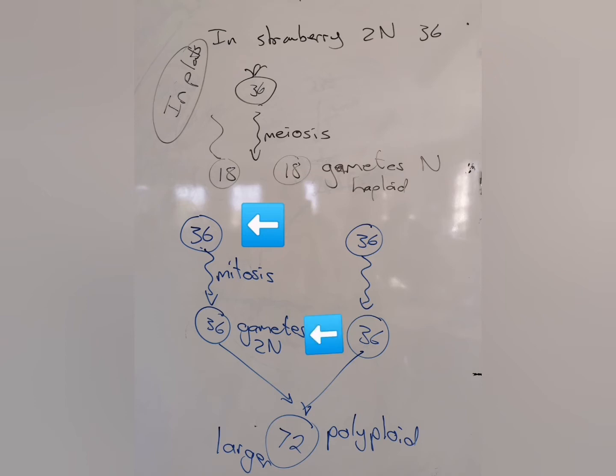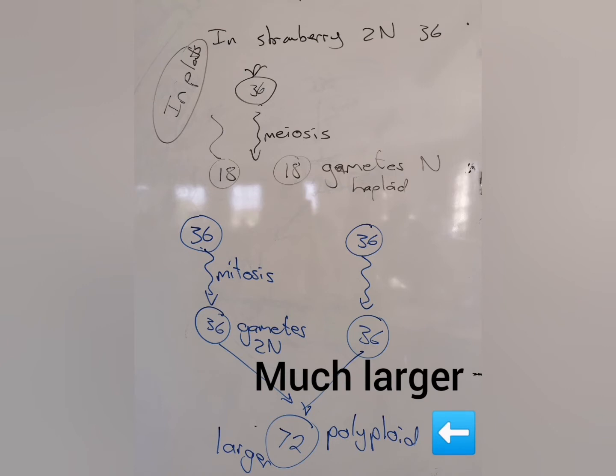And then the gametes have retained all 36 chromosomes and are still 2N, which means if a gamete with 36 chromosomes and another gamete with 36 chromosomes fertilize or combine, you'll have a polyploid cell that forms. This polyploid strawberry obviously now has more than the normal diploid number of chromosomes, and it also happens to be much larger than a normal diploid strawberry, which is a benefit to farmers that cultivate strawberries.